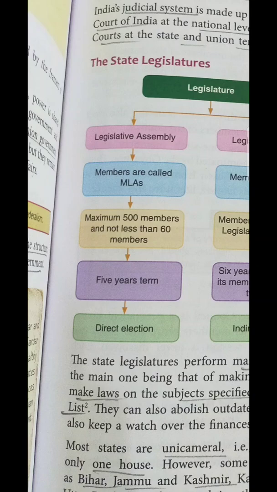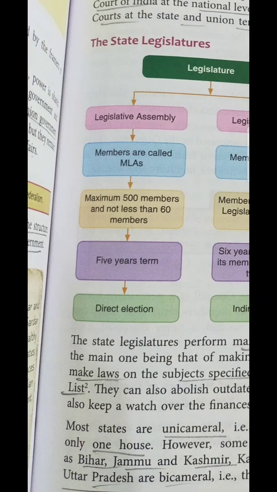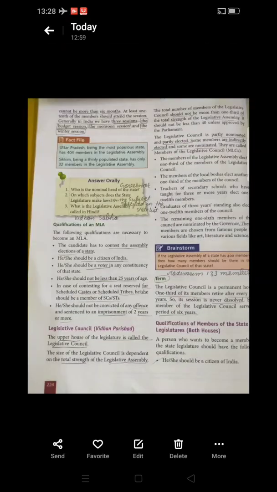The term is five years, and the election is direct. So what are the main qualifications of an MLA? He must be a citizen of India, he must be 25 years old, and he must not have committed any criminal offense.